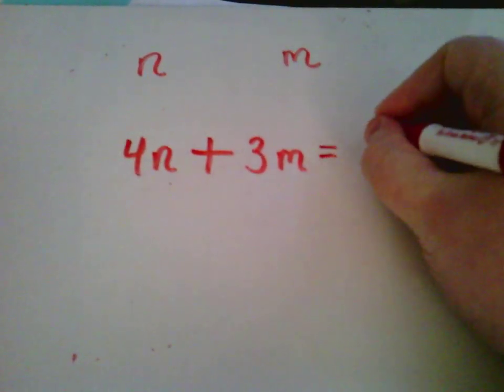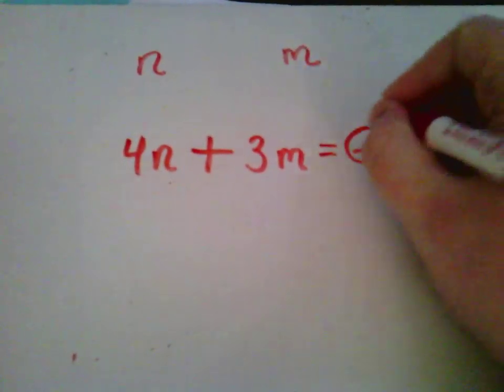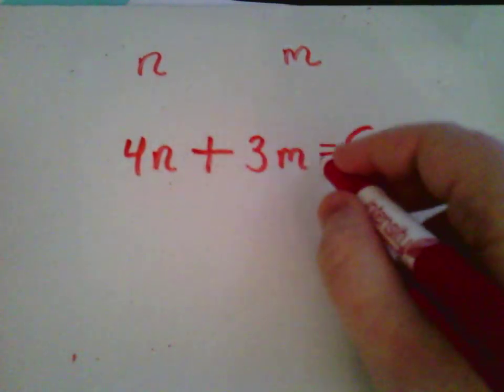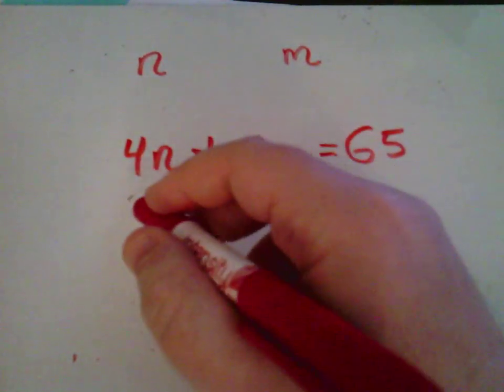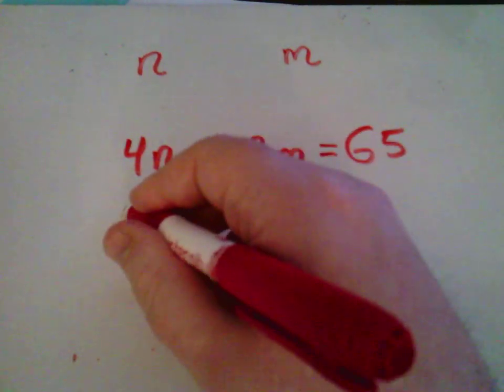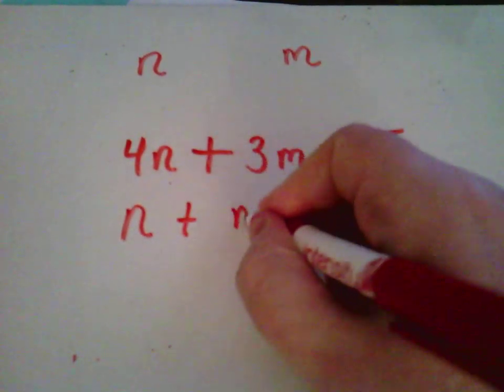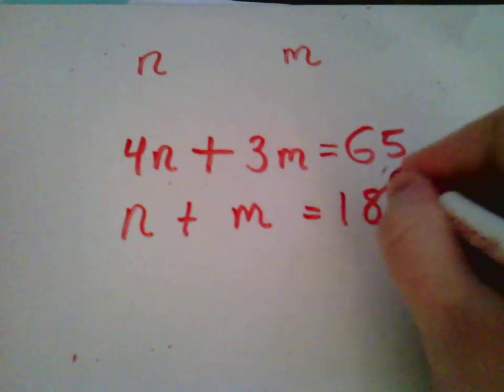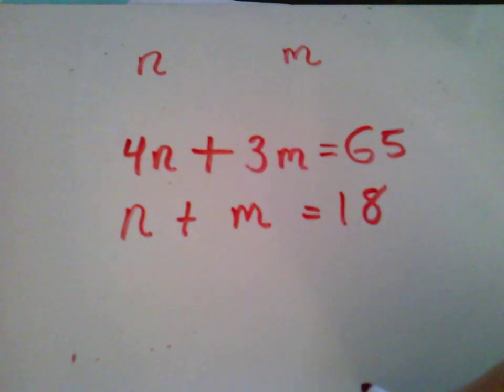Well, is means equals, so is 65. 4 times n plus 3 times m is 65. The sum of the two numbers is 18. Well, that's easy. n plus m is 18. Okay? Well, here's our system of equations.